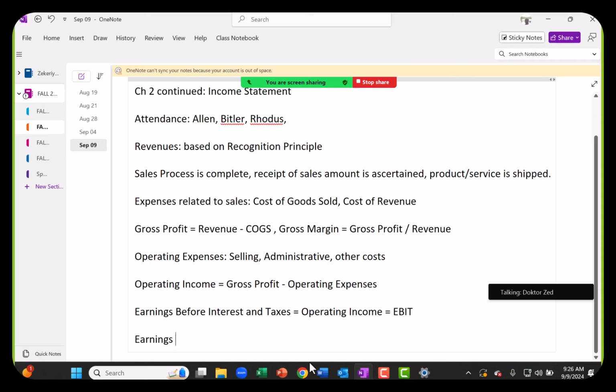The earnings before tax is EBIT minus net interest expense. If you have net interest income, obviously, that's going to be negative expense. Remember, in accounting, a negative expense is revenue or income, or negative income is expense in a sense.